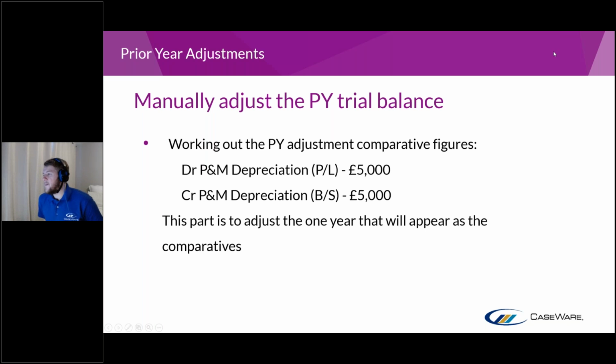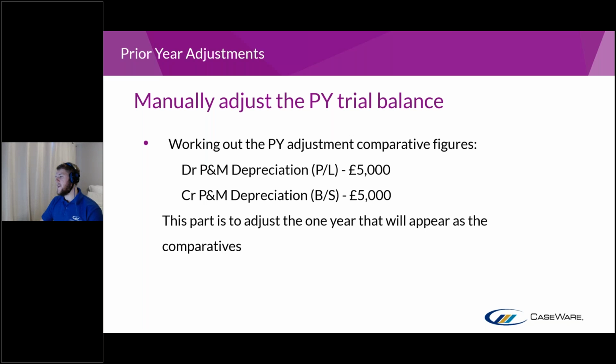So in our example, if we start with step 1, we're just going to work out, first of all, the prior year adjustment comparative figures. So the effect that this will have on just prior year 1. We're going to ignore prior years 2 to 5 for a moment, and we'll work that out in a minute, but just prior year 1. It means that the depreciation will have been understated in that period by 5,000.